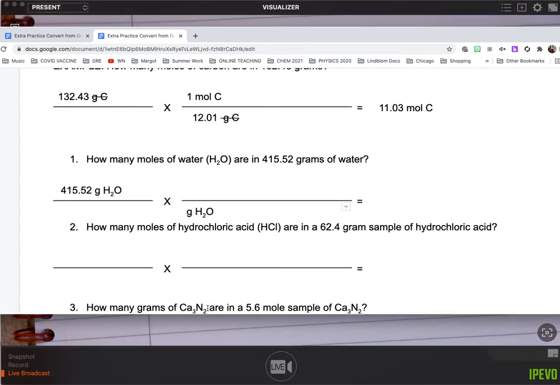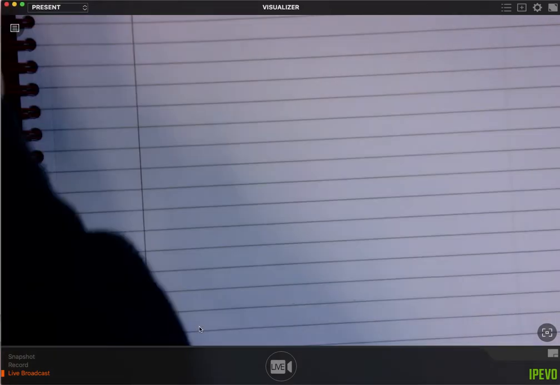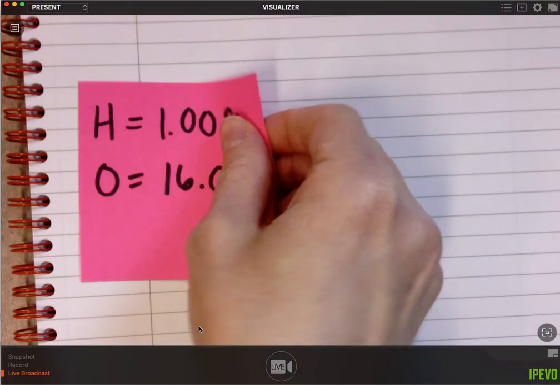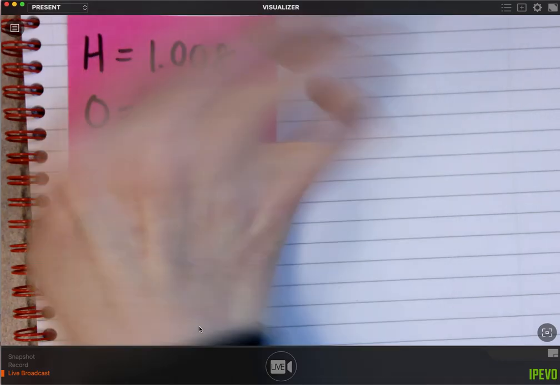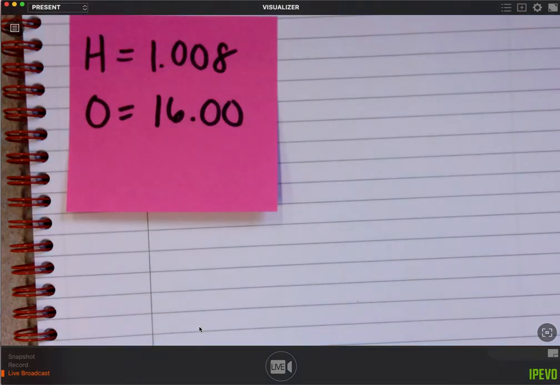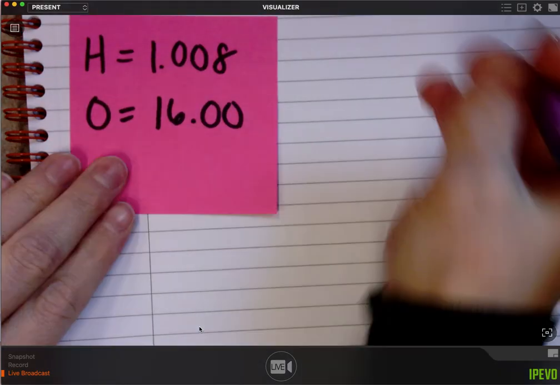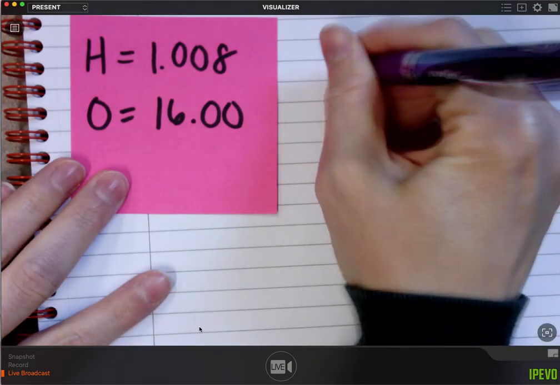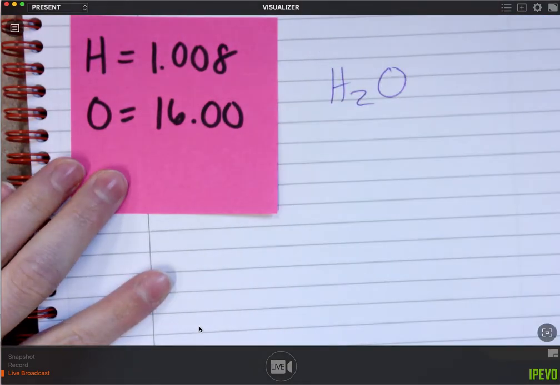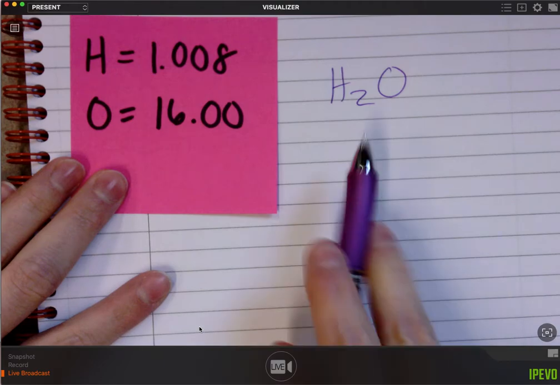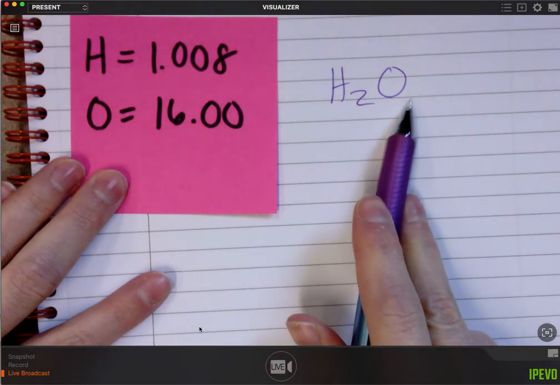To do that, we're again going to look at our periodic table, and I've just copied those numbers here so that we have them. I'm going to be looking at the formula for H2O. In water, I have 2 hydrogens and 1 oxygen.